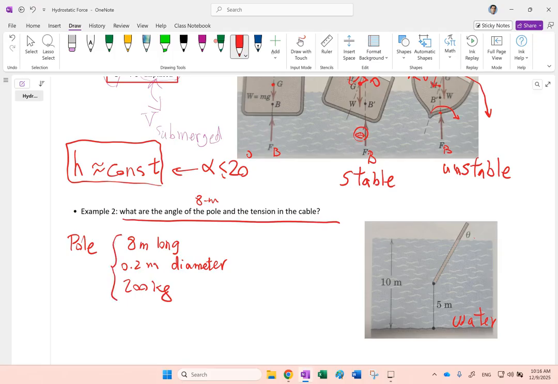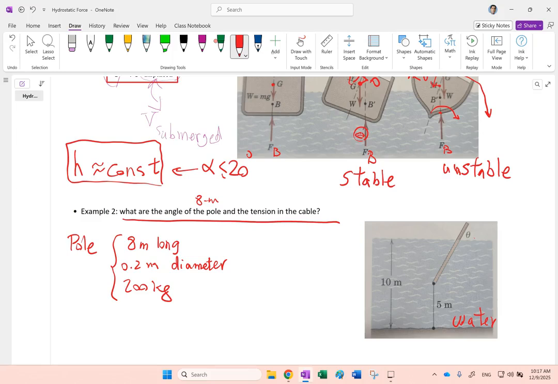So these are the data for the pole. The rest of the information is provided on the picture. So 10 meters is the depth of the water. 5 meters is where the bottom of the pole is cabled down to the bottom surface. So these are the information you have.